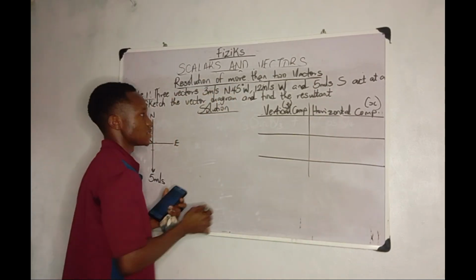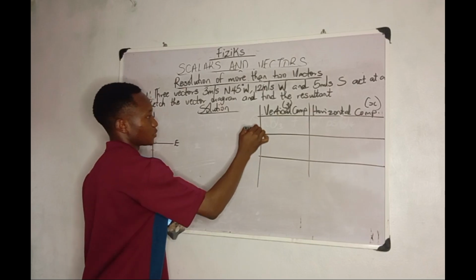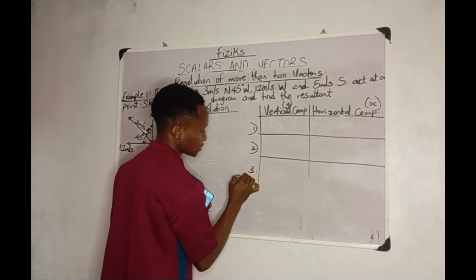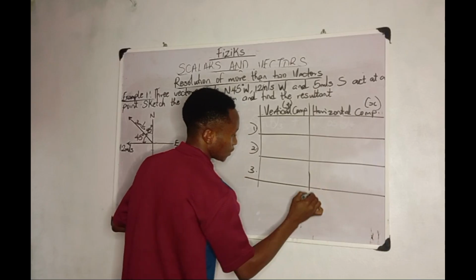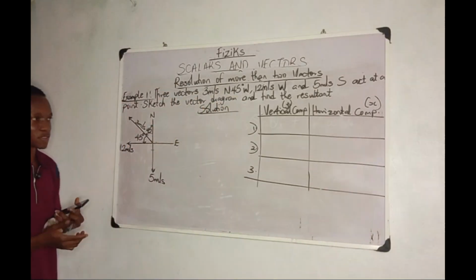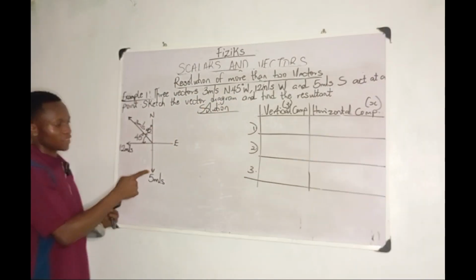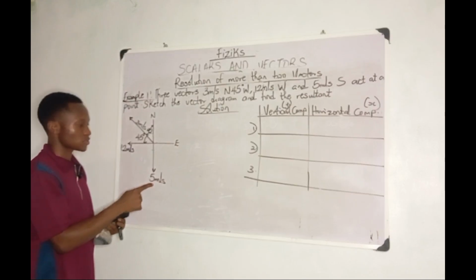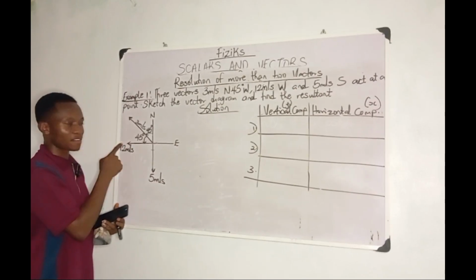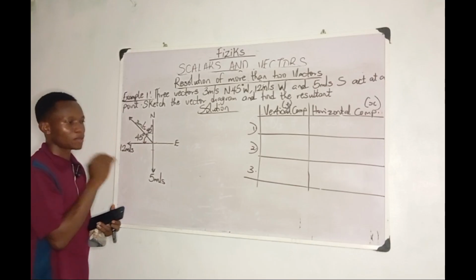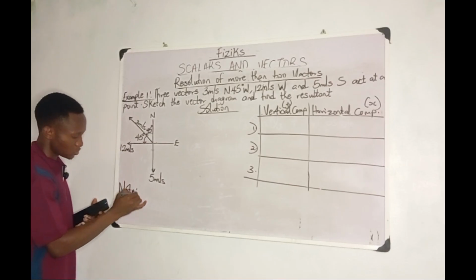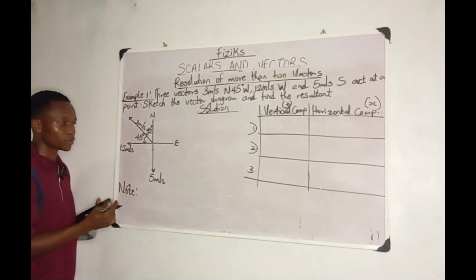Now, before we proceed, I've noticed something from this question. We're meant to have 3 forces. Now, what did I notice? I noticed that the vector was inclined directly to the south, and this one was inclined directly to what? West. Now, please, you must take note of this. You can put it down because it's very important.